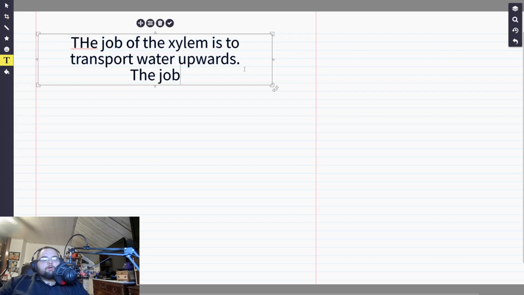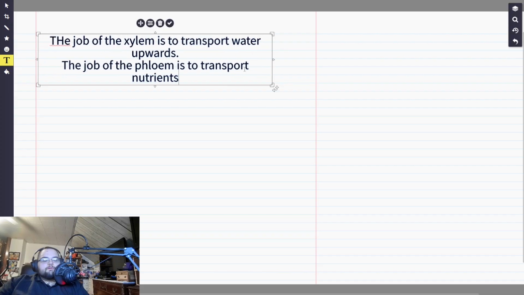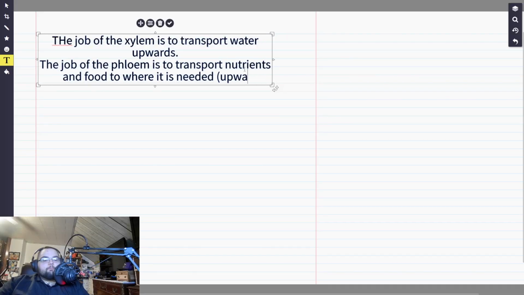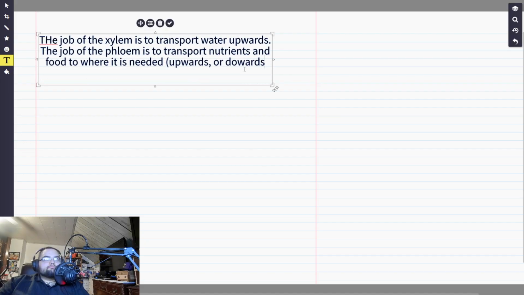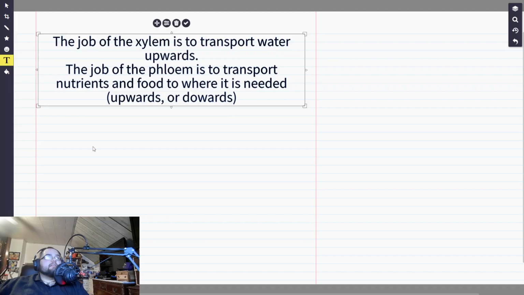The job of the phloem is to transport nutrients and food to where it is needed. So that could be upwards or downwards. If the roots need a bit more food, then it can be sent downwards. However, water is not sent downwards. It's just nutrients or the food.